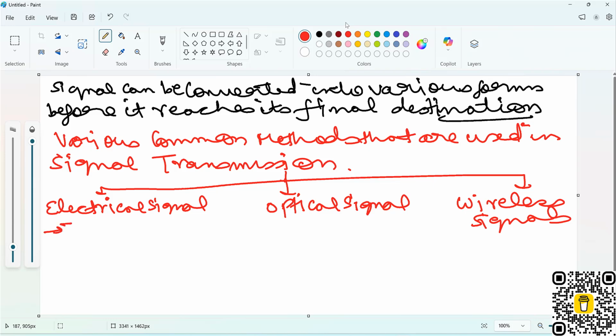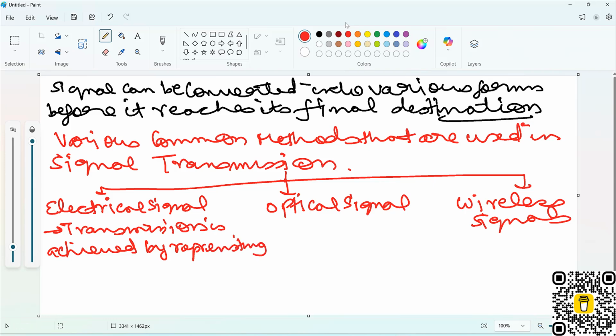In an electrical signal, the transmission is achieved by representing data as electrical signals across copper wire.